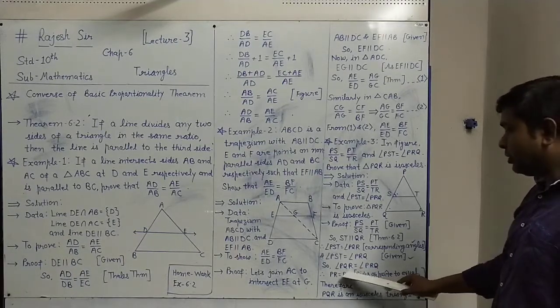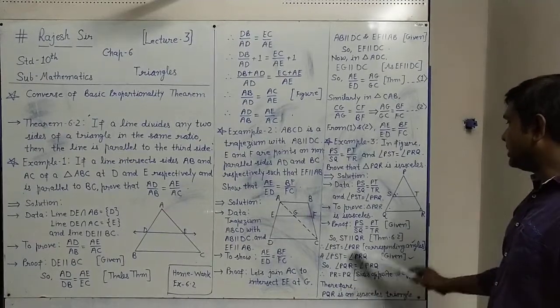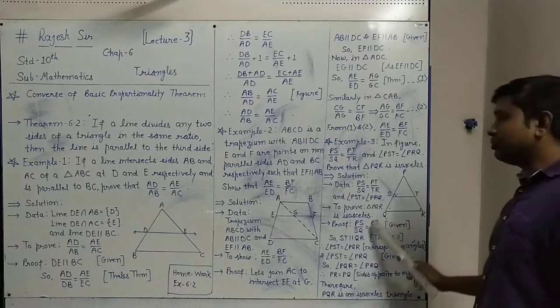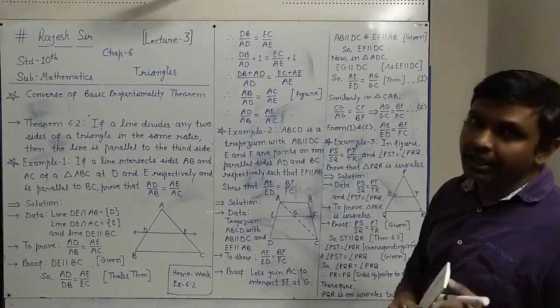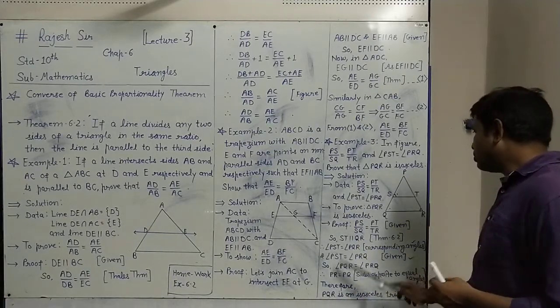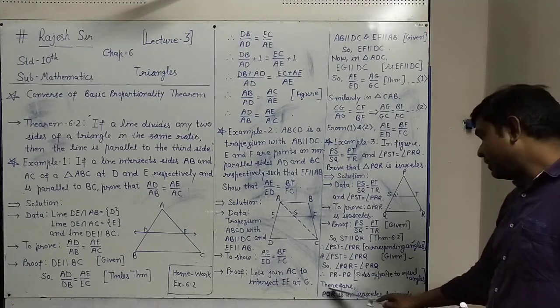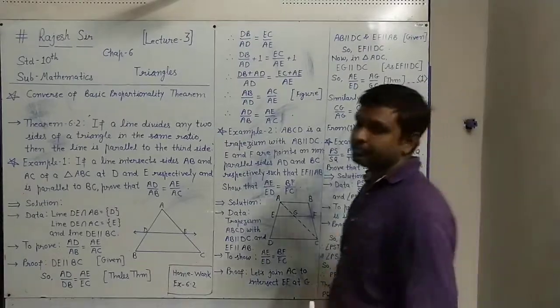So PR equals PQ. In a triangle, if two sides are equal, that triangle is called an isosceles triangle. So for triangle PQR, we have shown PR equals PQ, meaning two sides are equal, therefore PQR is an isosceles triangle.